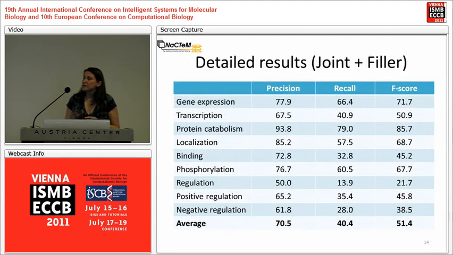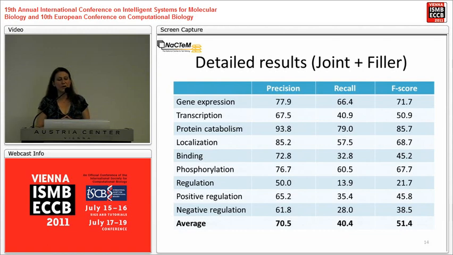And these are the results. I'll show, and in the paper you will see others with joint or not joint. You see here the results by using the joint and filler information for the types of biomolecular entities that we have identified. As you can see, the performance differs depending on the type of event. In certain cases, like protein catabolism, you have a good performance, and in some cases, like for instance regulation, it is quite depressed.